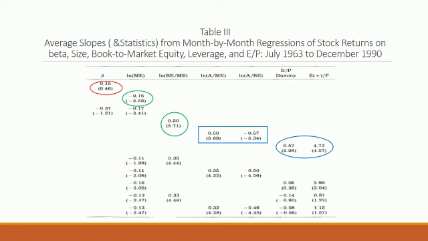Moving towards the next variable, which is book-to-market equity, the FM regressions confirm the importance of book-to-market equity in explaining the cross section of average stock returns. The average slope from monthly regressions of the returns on book-to-market equity is around 0.5%, with a t-statistic of 5.71, as you can see in the table.